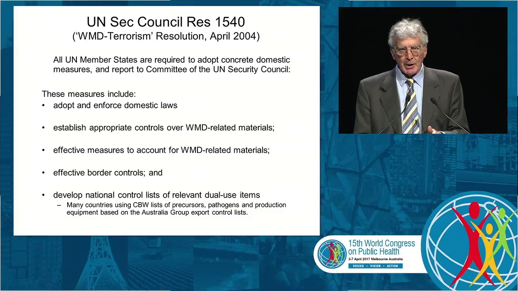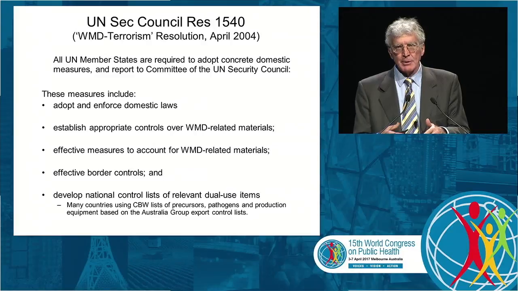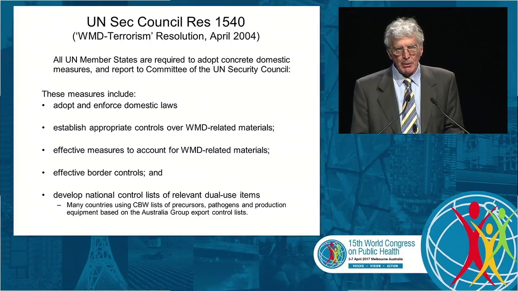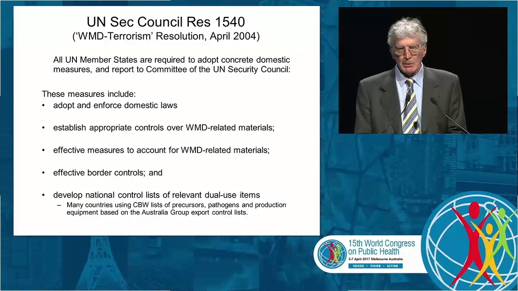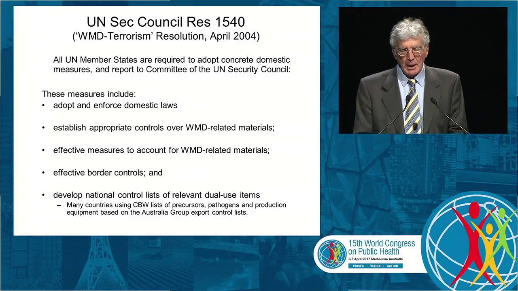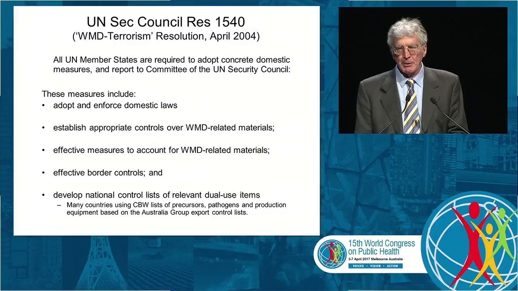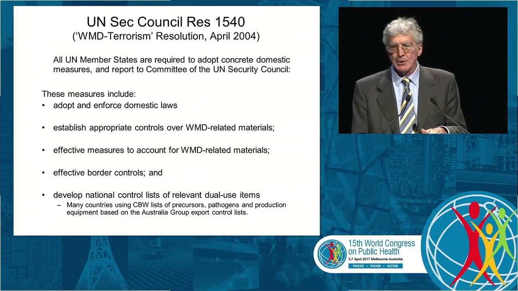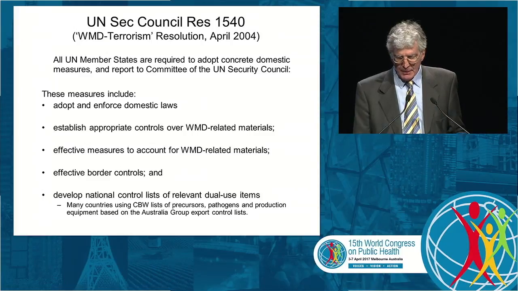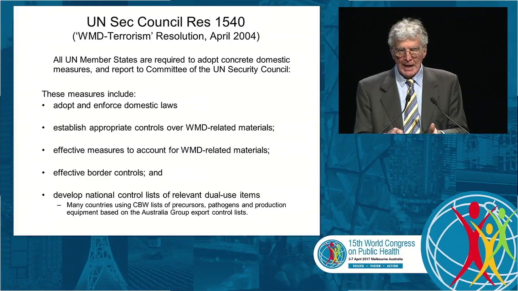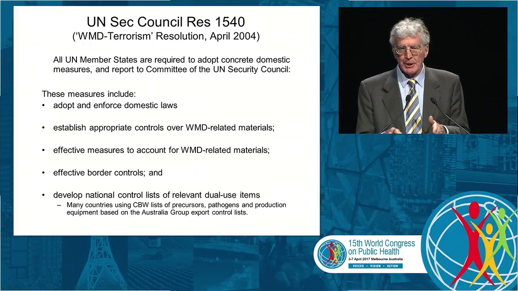This basically required all UN member states to develop measures nationally to ensure that all their nuclear materials, which would be relevant to a nuclear weapon or a dirty bomb, all toxic chemicals which could be used as a chemical device, and all pathogens which were certainly risk group 3 and risk group 4, had appropriate protection and measures in place to avoid them being obtained by terrorist entities. So that was sort of a security arms control type approach, which applied to all members of the UN, not just members of a treaty.